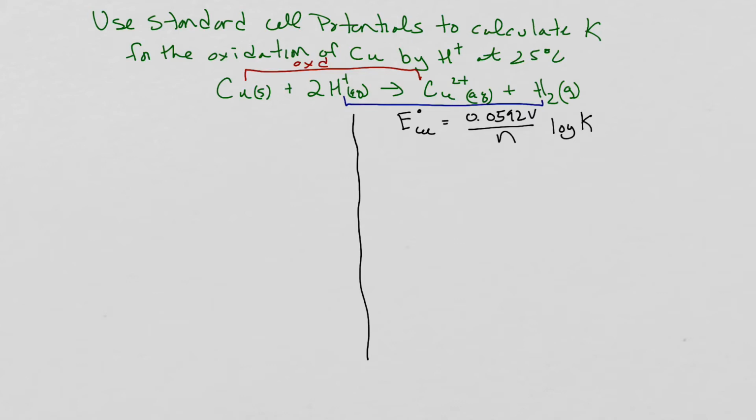So we have our oxidation and our reduction. If we're going to write out our cell potential, we'll write out the oxidation of the copper here. So copper goes to copper 2 plus plus 2 electrons. And that has a potential of 0.34 volts.